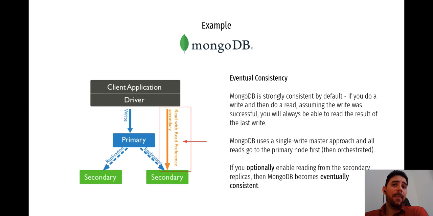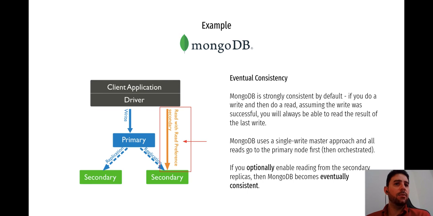But as many know here, Mongo allows you to enable reading from secondary nodes. This is called read replicas.